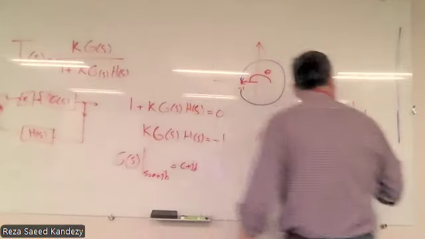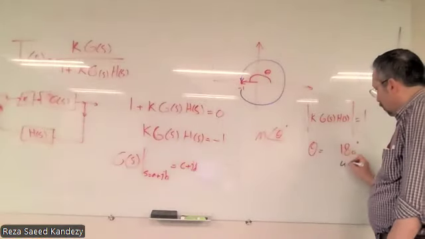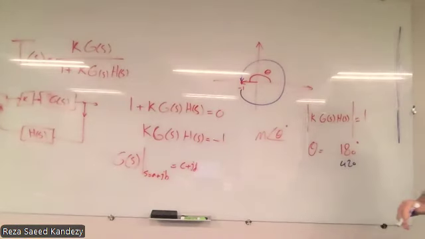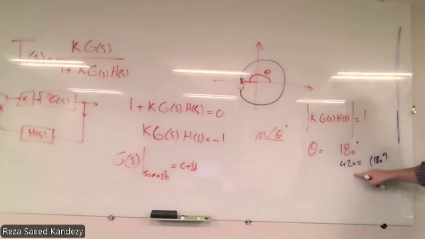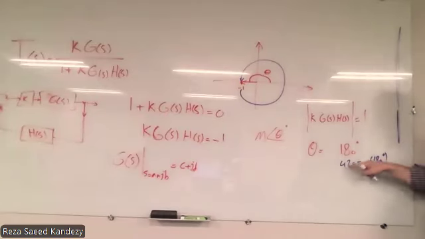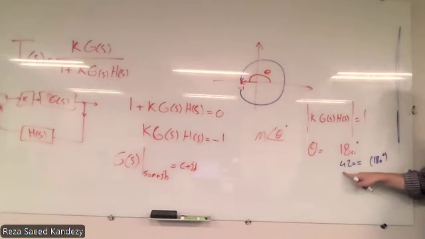So it could be also 420. Now, what is 420? If you wanted to represent it by the original value of theta, what number times 180 would result in 420?